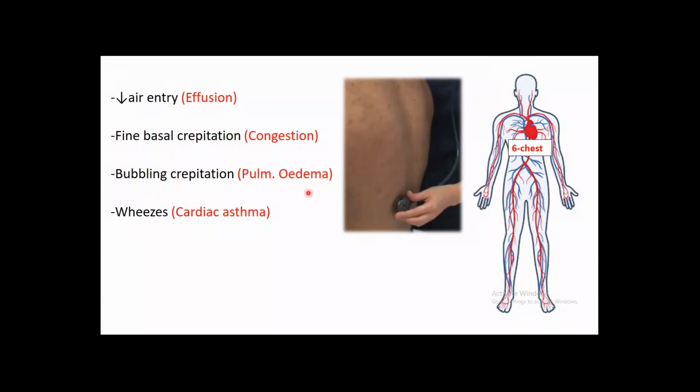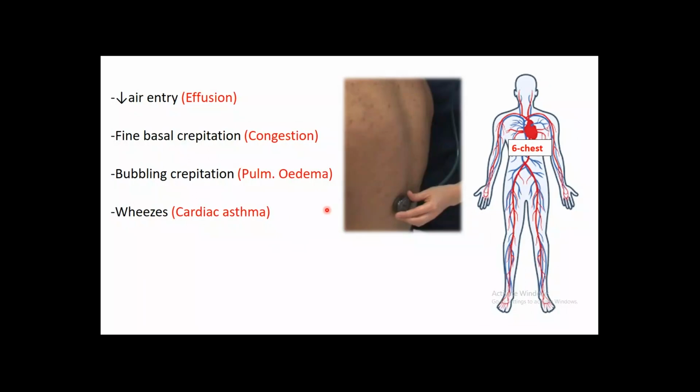The third abnormality that might be heard is bubbling crepitation, denoting marked volume inside the alveoli in a patient with pulmonary edema. And the last thing is cardiac asthma or wheezes. This is an important thing that you should put in your differential diagnosis when hearing widespread wheezes across the chest, that congestion of the airway might also cause wheezes, like that of bronchial asthma or airway disease patients.